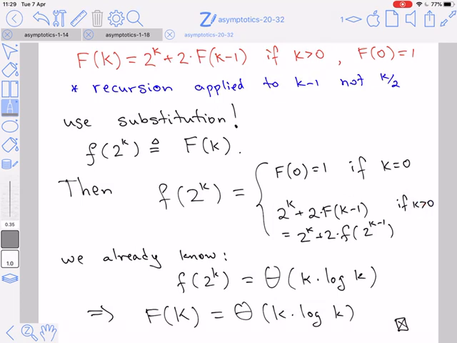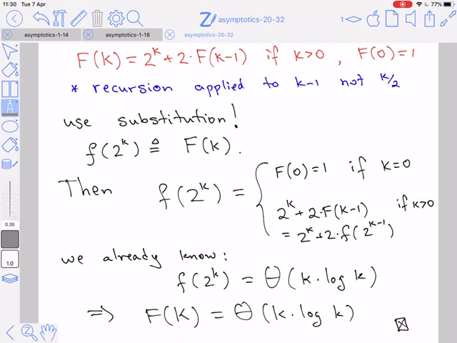If k is greater than 0, f of 2 to the k is big F of k, which equals 2 to the power of k plus 2 times big F of k minus 1. The big F of k minus 1 is the small f of 2 to the power of k minus 1.